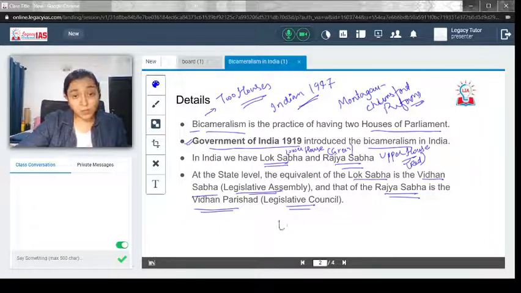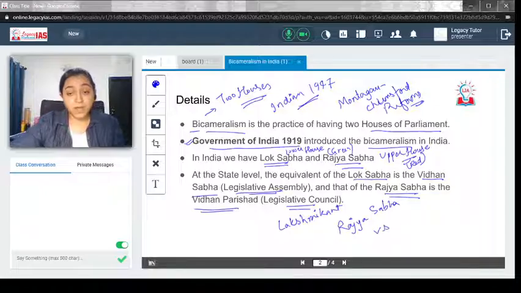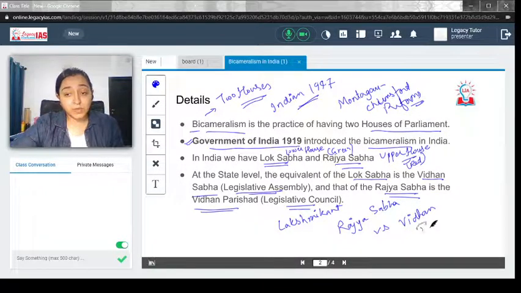Now this is your homework. Go to your Laxmikanth. You have to look into the features of how Rajya Sabha has power compared to the Legislative Council, or the comparison between Rajya Sabha and Vidhan Parishad. You must know that by default there are still certain things for which Rajya Sabha is needed.